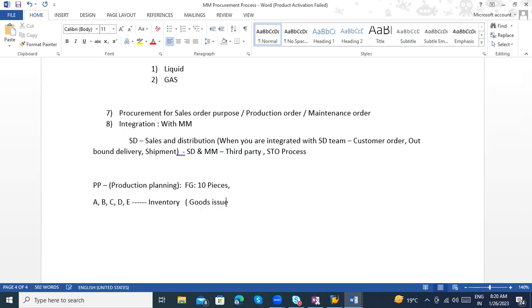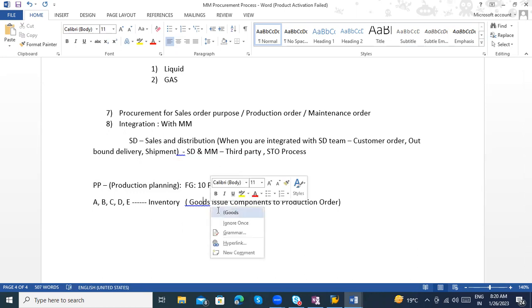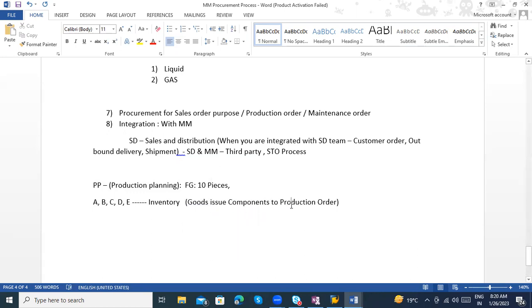Next, goods issue of components to the production order. Once I get the components, I issue them from my store location to the production department. The second one is once FG is prepared. Where will they keep the stock?